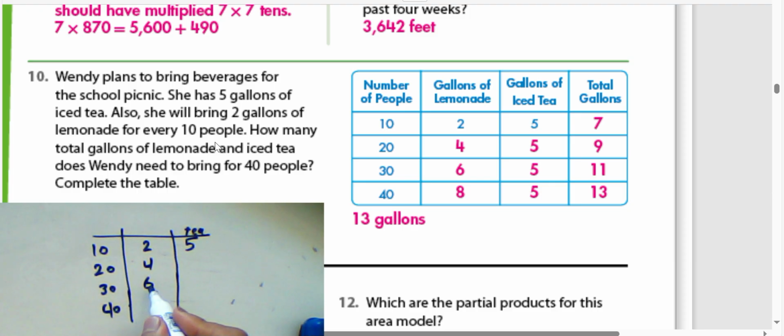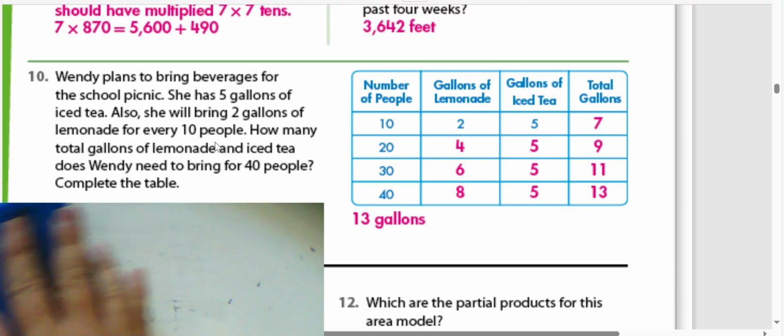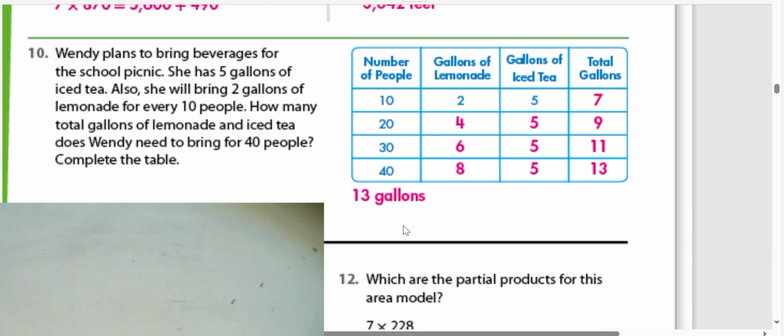If we have 40, we can add 2, because every 10 people get 2 gallons, okay? If we have 20, get 4. If we have 30, get 6. If we have 40, they will get 8. And the tea is constant at 5 gallons, okay? Then when we have 40 people, the total will be 8 plus 5 equals 13 gallons.